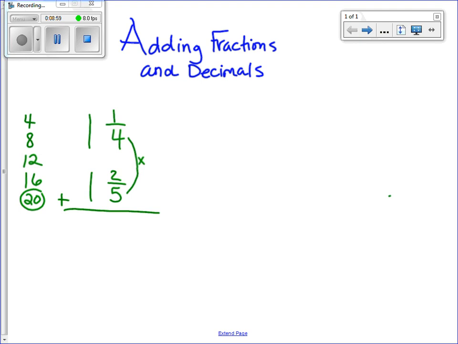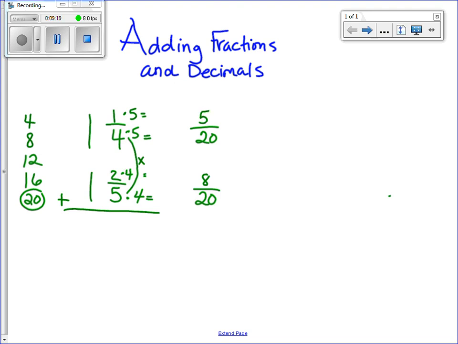The first thing is we're going to change our denominator so it is the same, or common. 5 times what gives me 20? Well, it's 5 times 4. And whatever I do to the bottom, I do to the top. And then 4 times 5 I know is 20. And whatever I do to the bottom, I do to the top.